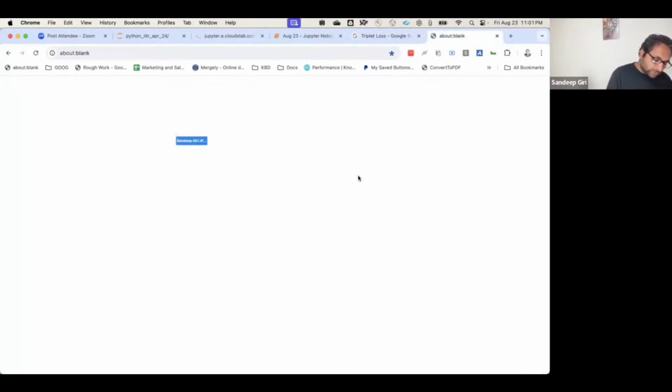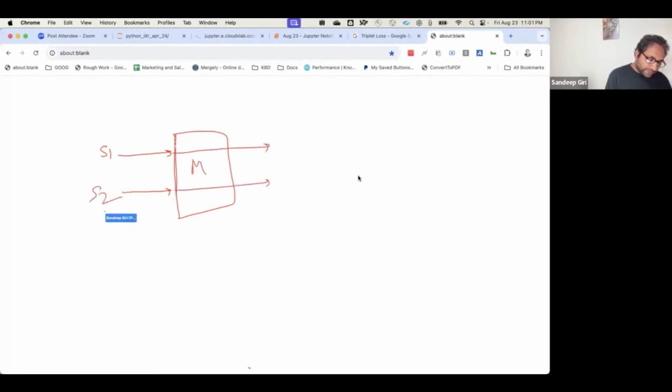Imagine that you built a nice model, or we want to build a model. Through this, you pass my first photo, then the second time you pass my another photo. We get the embedding of Sandeep's first photo, the embedding of Sandeep's second photo, and the embedding of Deepak's photo, D1, let's say.